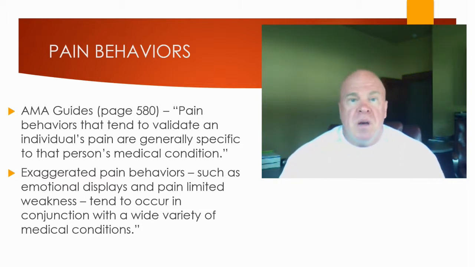And so it becomes actually quite easy to make a decision as to whether or not the examinee is displaying consistent or inconsistent pain behaviors. Okay? So let's go over the list of pain behaviors described in the AMA guides.